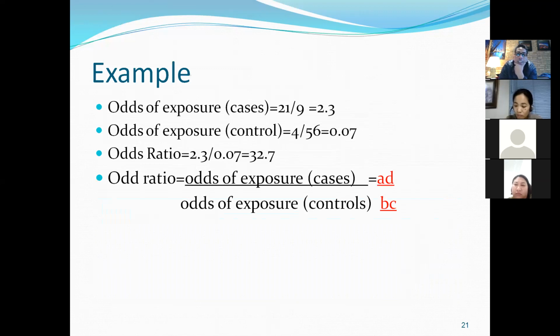It's your odds of exposure, the formula AD, which is 2.3, and the odds of exposure for control, the BC, which is 0.07. So you divide 2.3 by 0.07, and you have a 32.7 odds ratio. So now, based on what we know about how to interpret odds ratio, what does 32.7 mean?